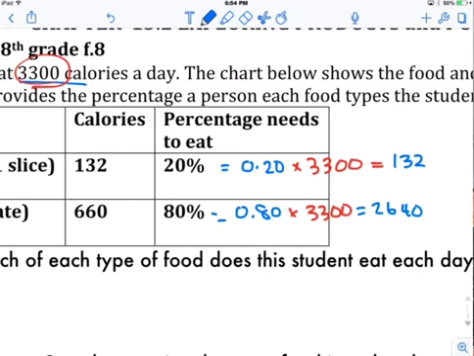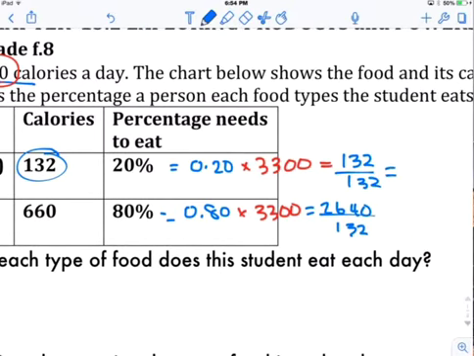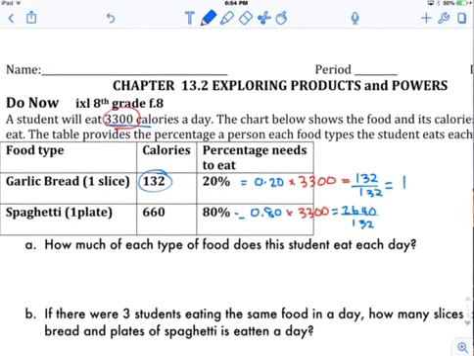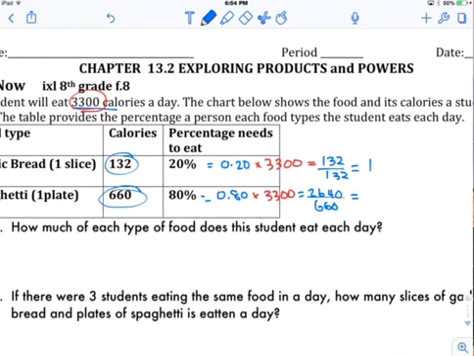Take that and divide by this, and you get 1 whole slice of garlic bread. And dividing by the other number, 660, you get 4 plates of spaghetti.